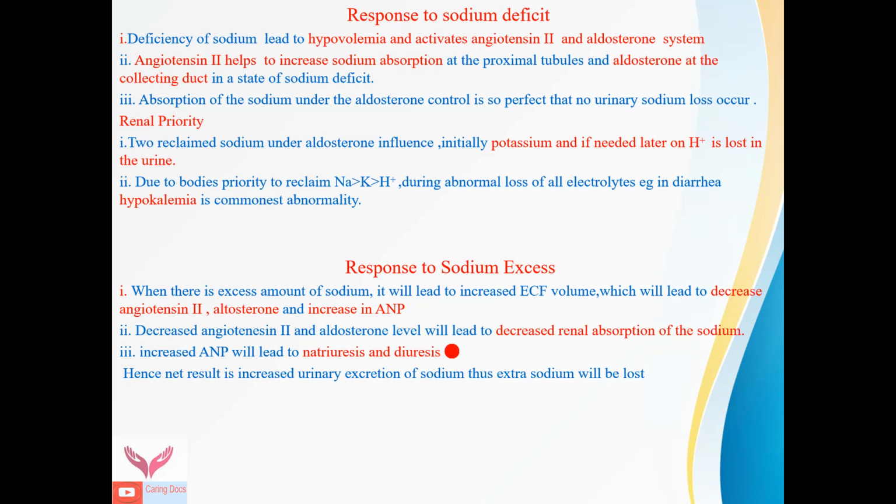The absorption of sodium from the collecting duct under the influence of aldosterone is very perfect, and there occurs no urinary sodium loss. But this reabsorption of sodium in the collecting duct occurs at the loss of potassium and at times hydrogen ion in the urine.